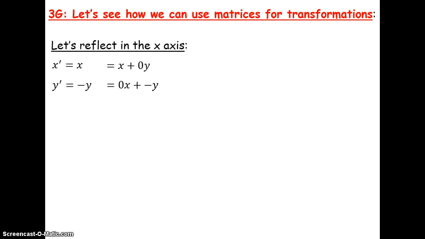We can write equations out of that, and we can say, well, if we look at x here, x image becoming x, we can have the equation it equals x plus 0y, because we're only thinking about the x at this stage. But for the matrix purpose, we need to consider y as being 0y.